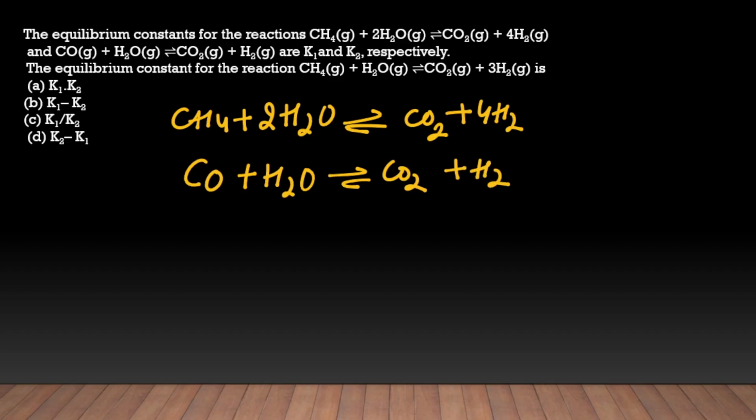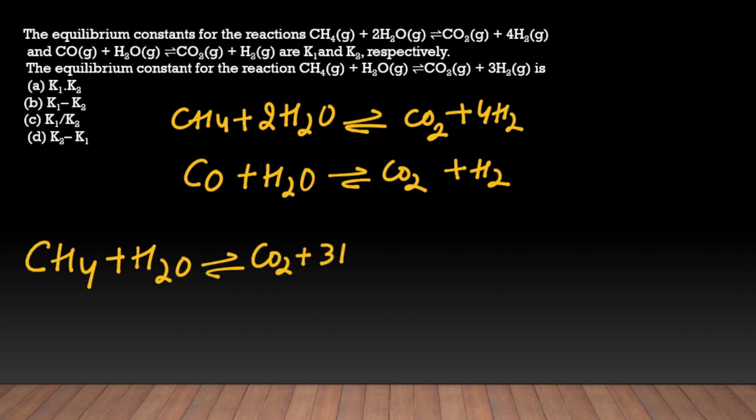And the final equation you have to find is CH4 plus water in equilibrium with CO plus 3 hydrogen. So the rate constants for this one and this one are known to us.